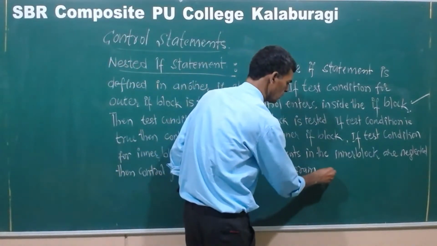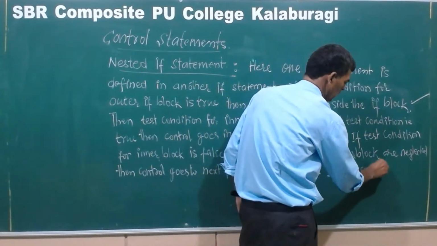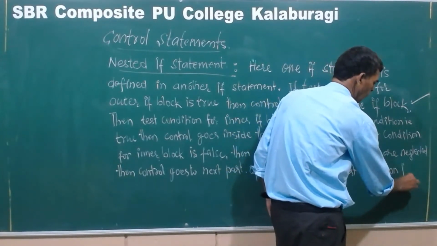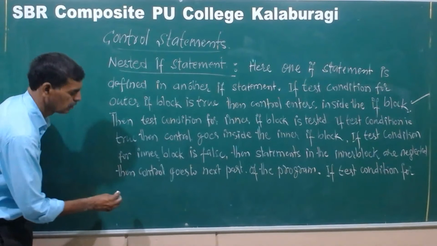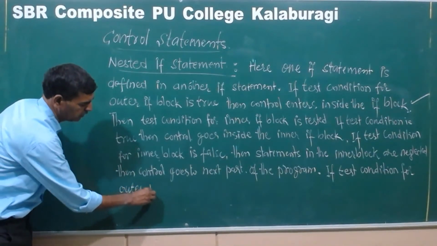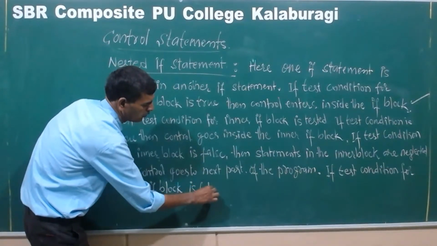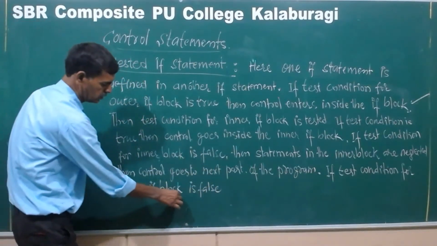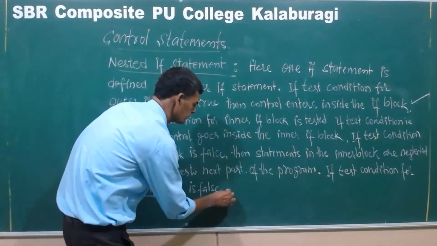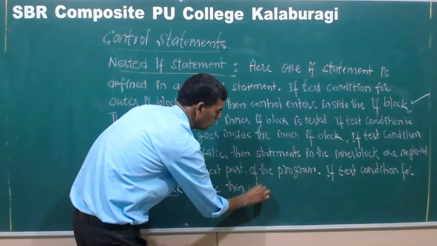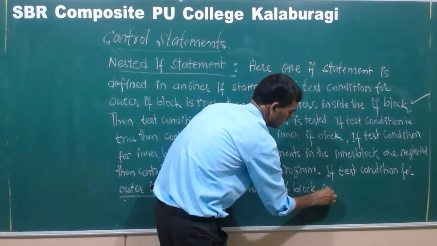If test condition for outer if block is false, then whole if block is neglected.